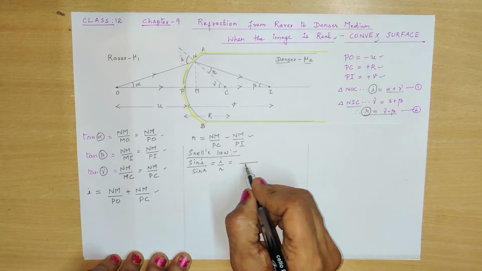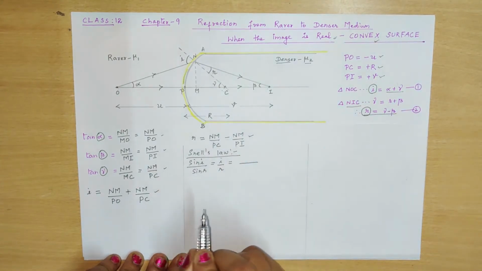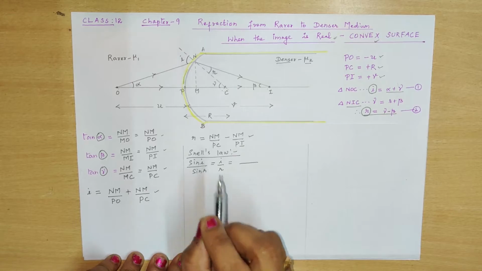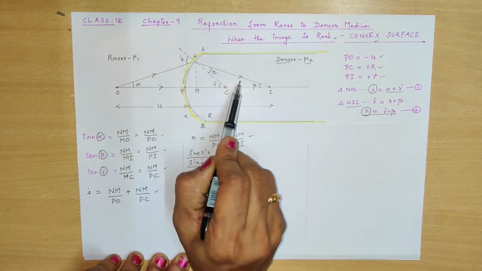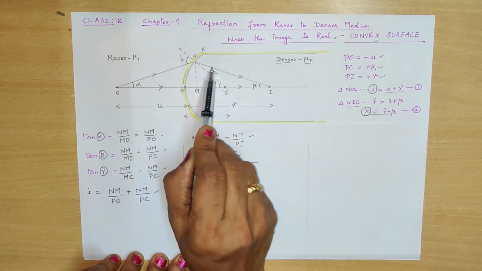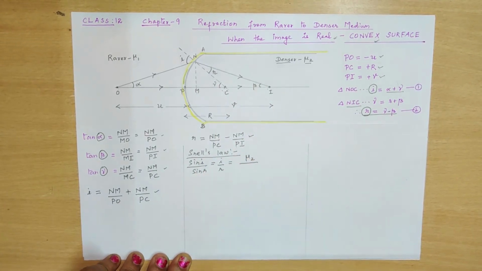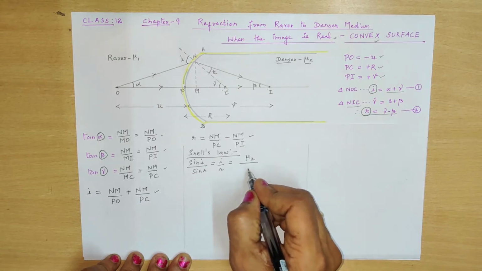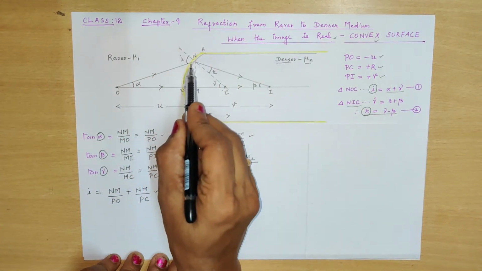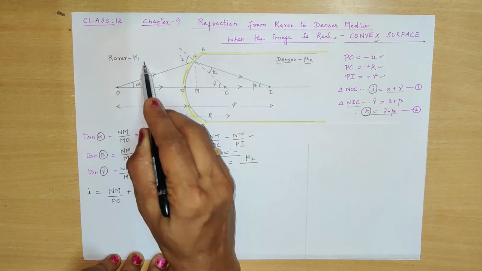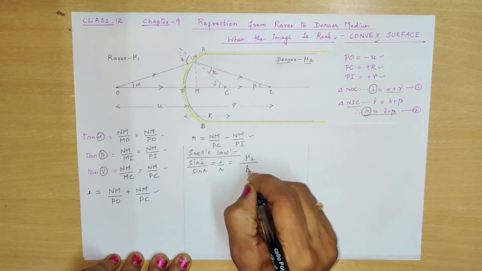So the numerator will take the refractive index of the medium in which the refracted light travels. The refracted ray, it is traveling now in mu2. So the numerator should take that. And the denominator, you have to see from where the light is actually coming. Incident light that comes from mu1. Therefore, we are writing mu1.